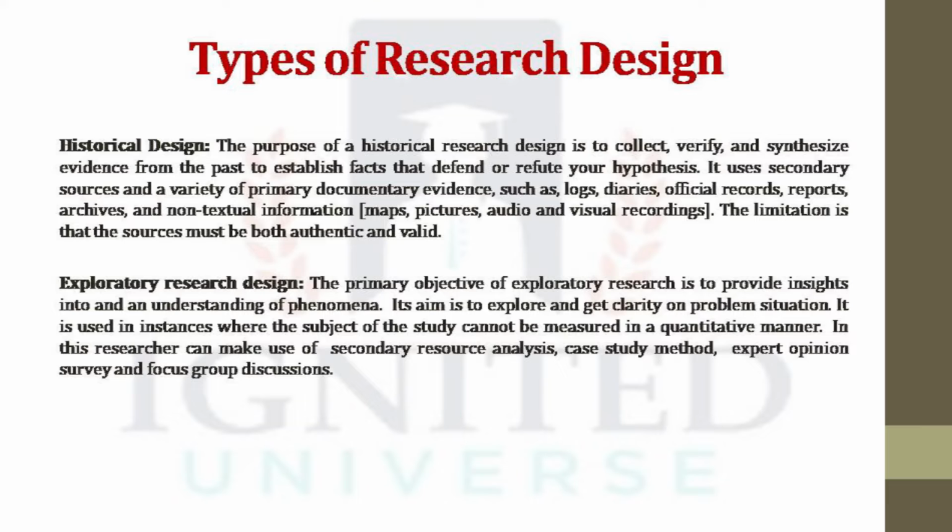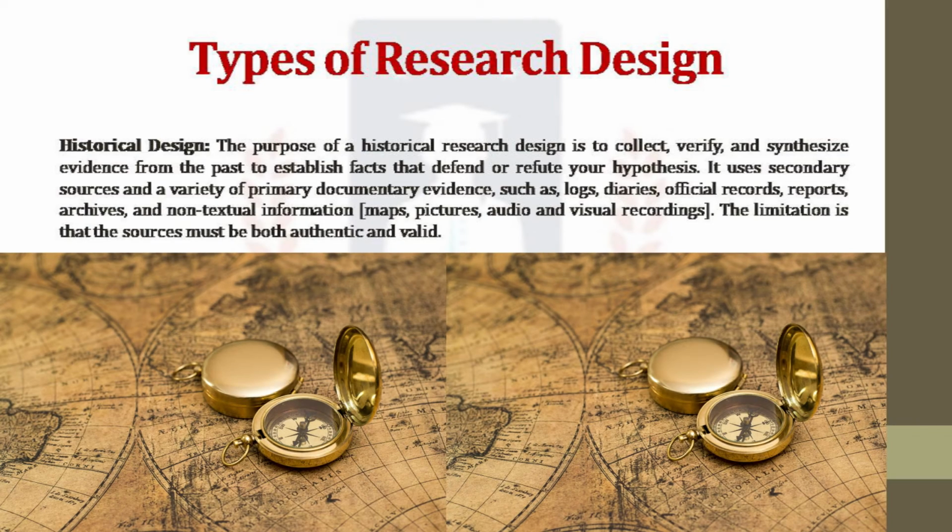The different research designs are as follows. Starting with the historical design, the purpose of a historical research design is to collect, verify, and synthesize evidence from the past to establish facts that defend or refute our hypothesis.